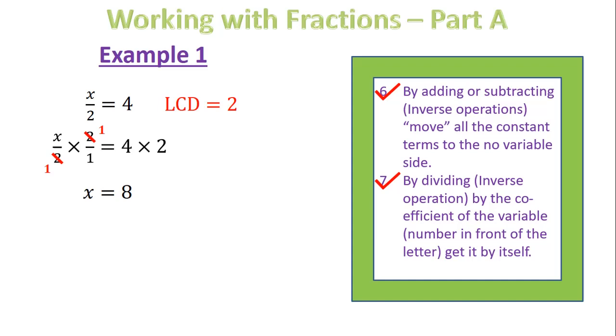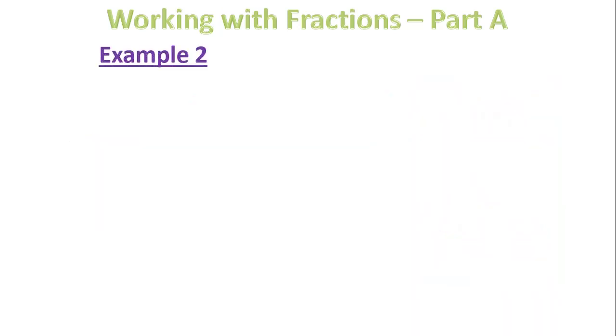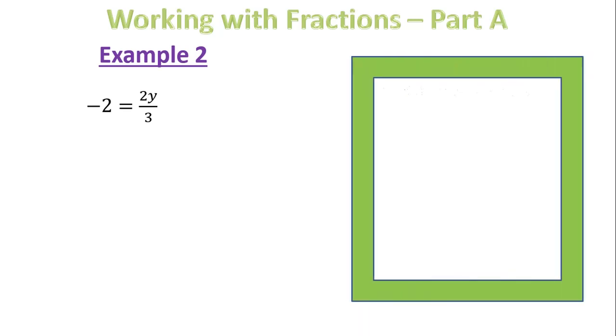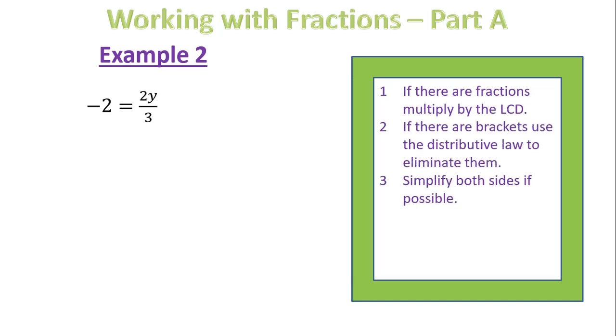Let's look at another example. Example 2. Minus 2 equals 2y over 3. Let's bring in our steps. Step 1. If there are fractions, multiply by the LCD. If we look at our equation, our LCD is 3. 3 is in the denominator on the right-hand side of our equation.